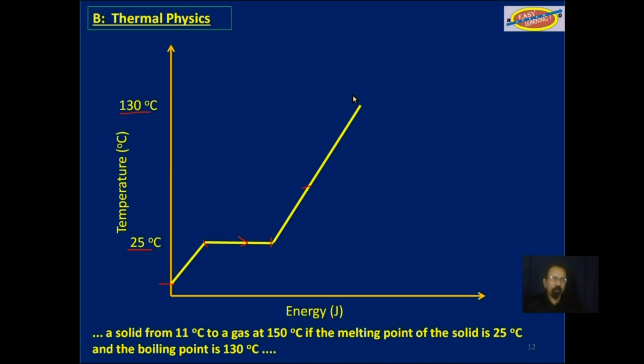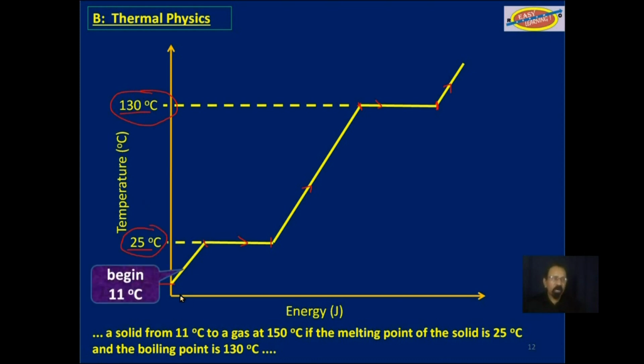Here we are heating up the liquid. At this point, the liquid has reached its boiling point. If we continue that way, we are vaporizing the liquid until we have no more liquid. And then if we heat the vapor, we are now heating up the vapor. As I said, this is our boiling point. This is the melting point.